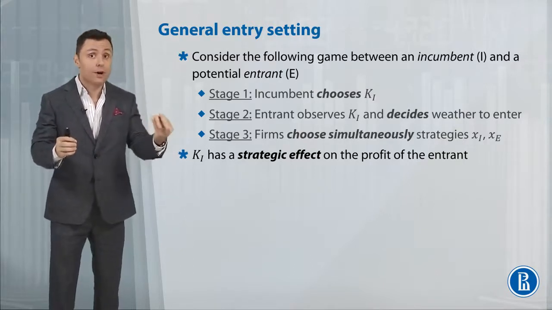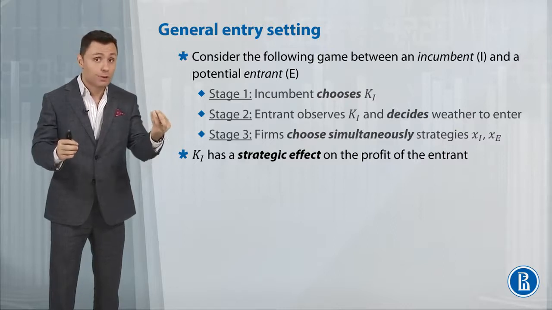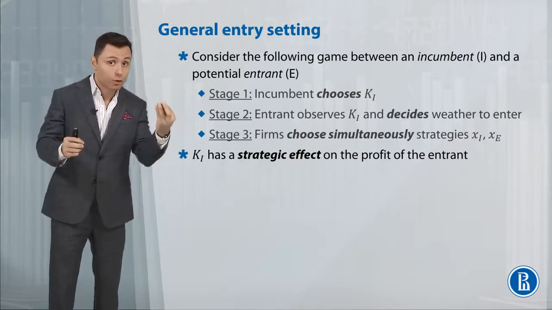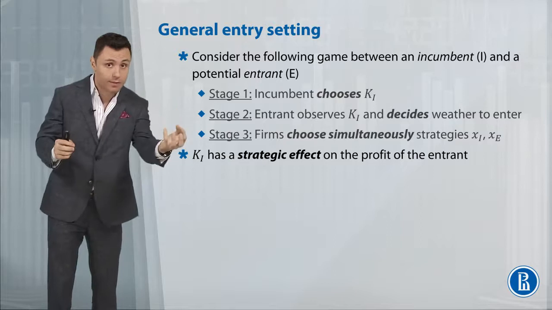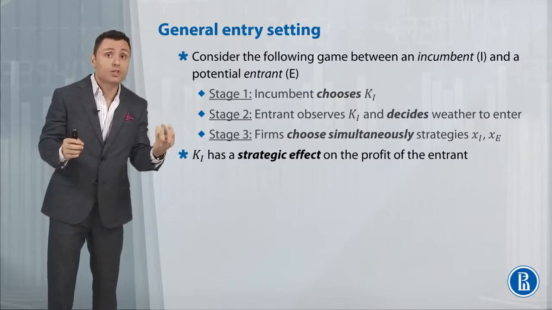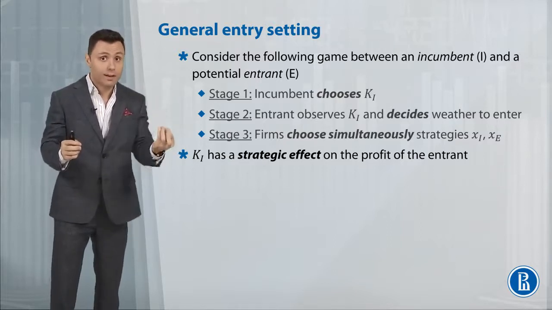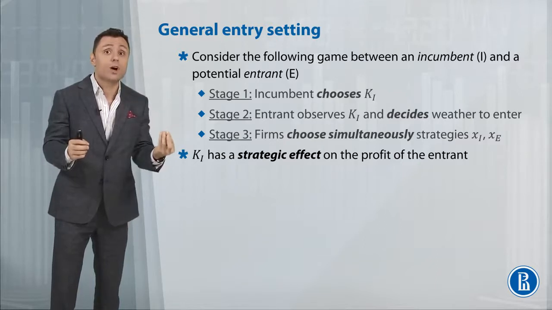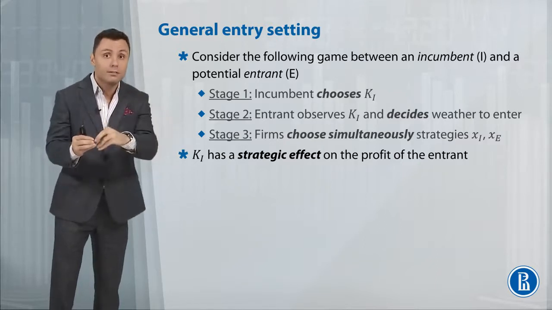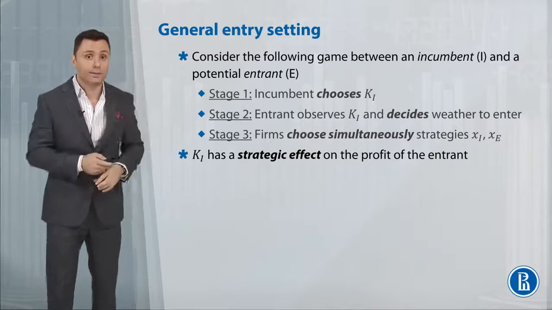There is, of course, an effect of the investment of incumbent to the profit of the incumbent. This is a direct effect, but also there is a strategic effect. The investment of the incumbent has an effect on the profit of the other guy. Okay, and this is crucial here.